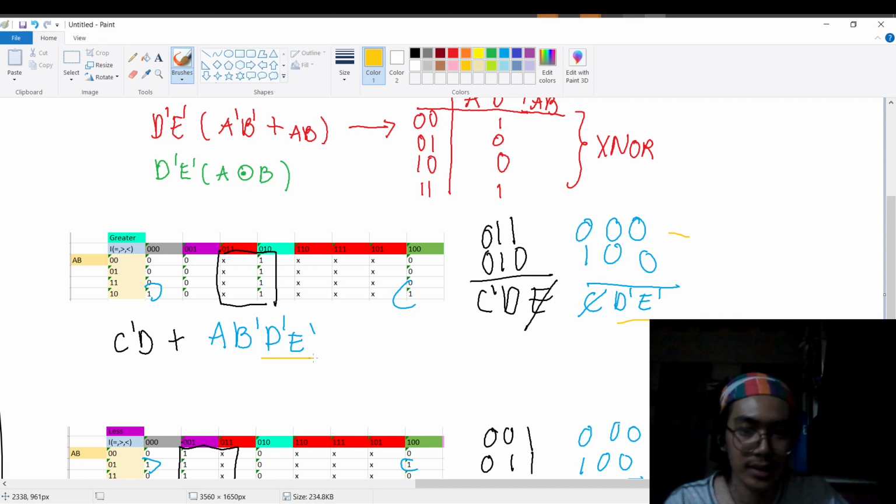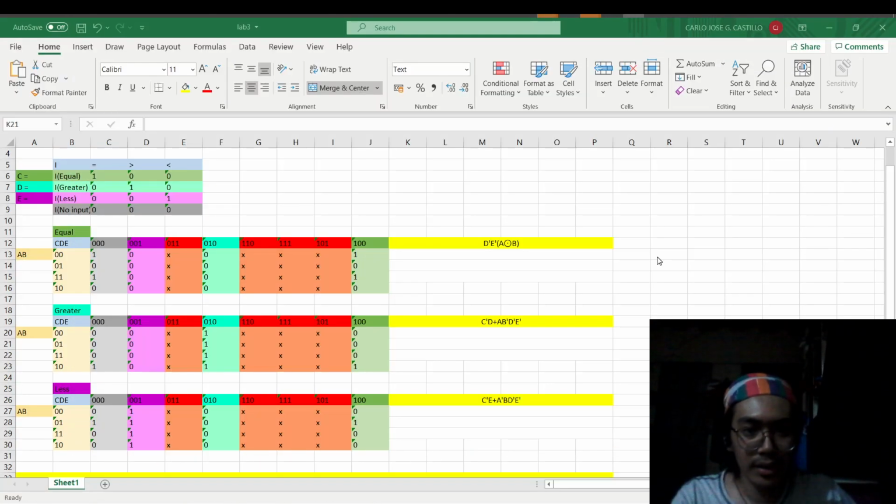And then since A, B did not change, we just combine it together. So A, B prime, that is 1, 0, and D prime, E prime for this part. So that is for our greater than operation.